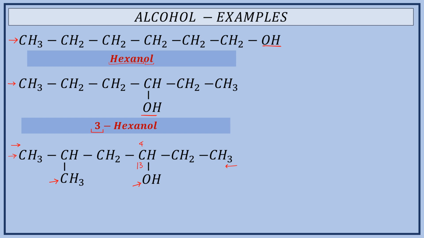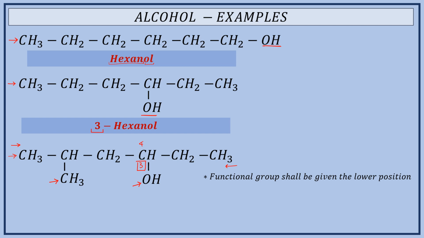So we will choose the lower value for the alcoholic group. Okay, so here is the difference, that in case of functional groups shall be given the lower position when it comes to numbering, irrespective of the position of the methyl group.